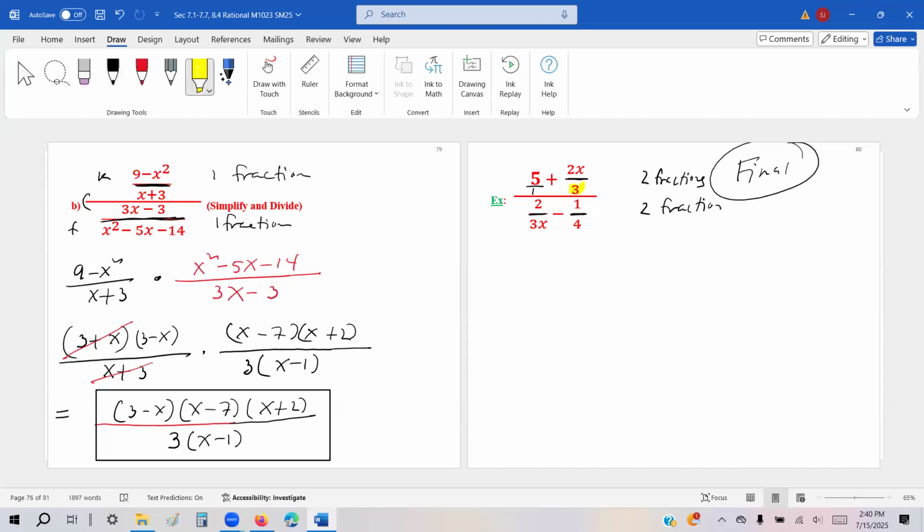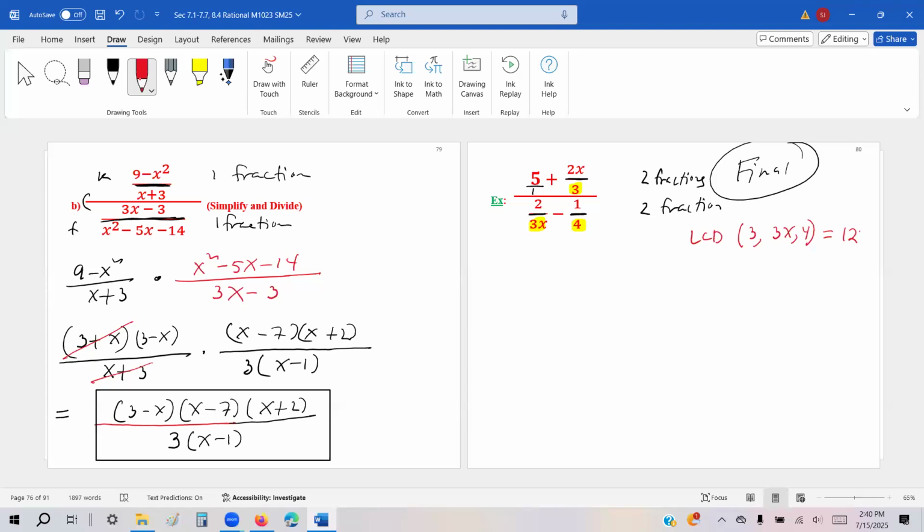So we look at all the denominators, not only one denominator, all the denominators you see. What is the LCD of all the denominators? Let me actually write this down. LCD of 3, 3x, and 4. Definitely for 3 and 4, the answer is 12. And we have an x, right?